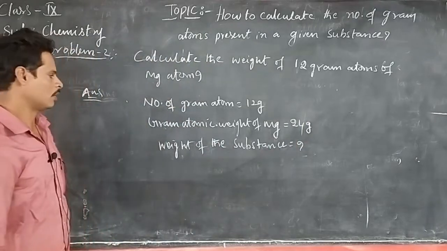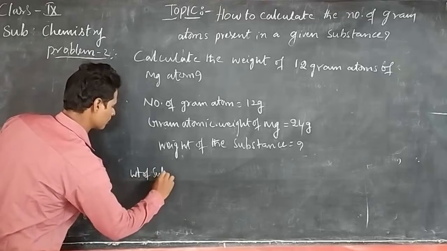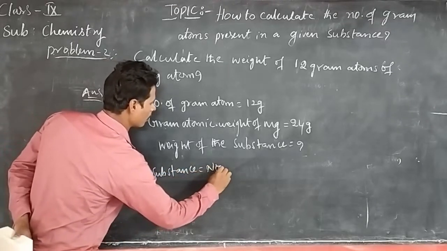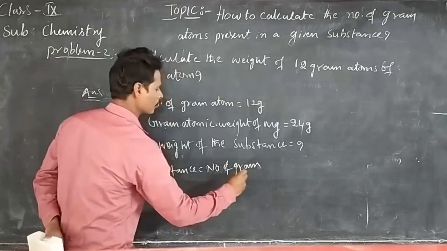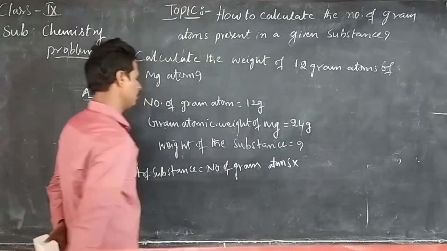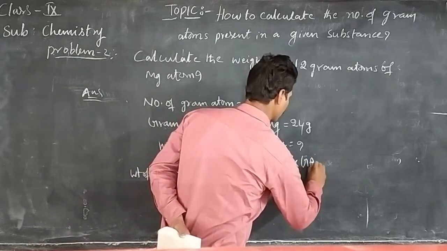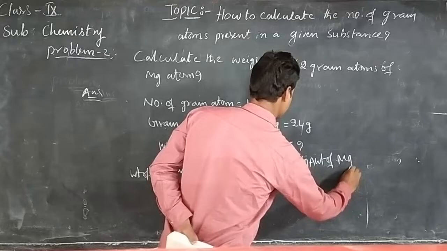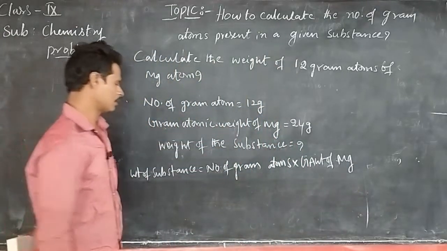We know the formula: weight of substance equals number of gram atoms into gram atomic weight of magnesium. Now apply these values in the formula.